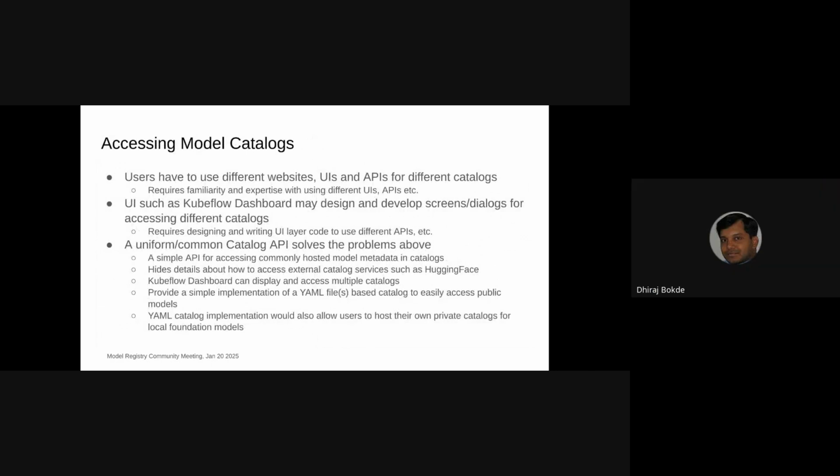So as I mentioned earlier, there are problems in accessing model catalogs. You have different UIs, websites, and APIs that you have to deal with. If you want to build this capability in the Kubeflow dashboard, where Kubeflow itself can discover these models from different catalogs, like Hugging Face and so on, and show them to Kubeflow users, then you have to build that capability in the UI layer, where you're writing complicated UI code that has references directly to these APIs from different catalog sources.